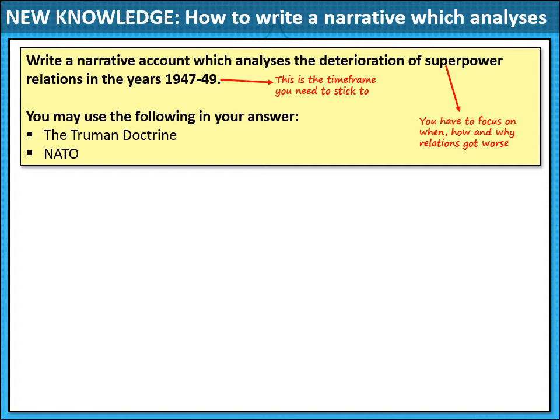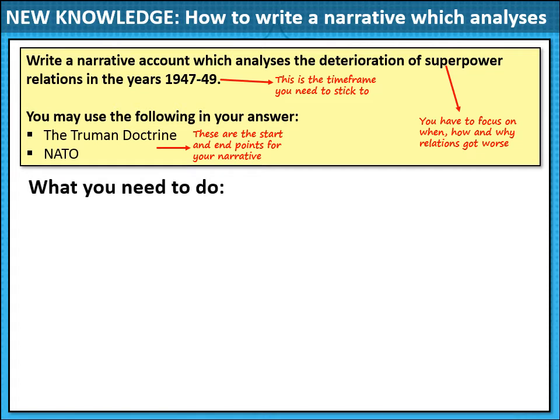We've also been given a starting point and an end point for our narrative. So we're going to start with the Truman Doctrine, and the final event in our narrative is going to be the creation of NATO.